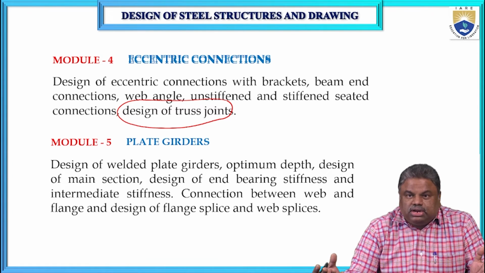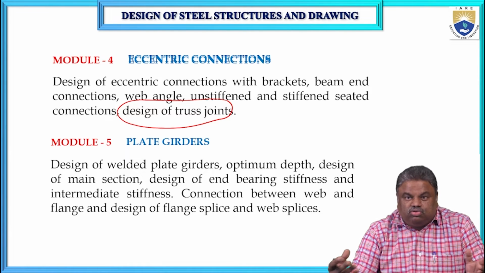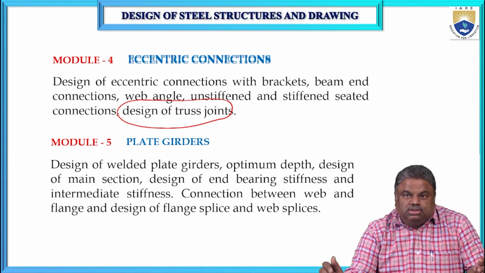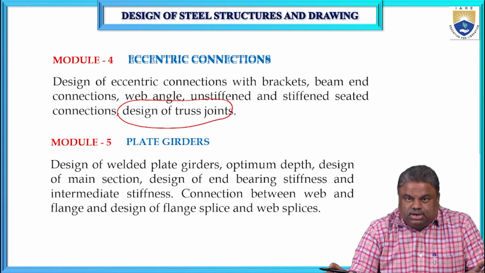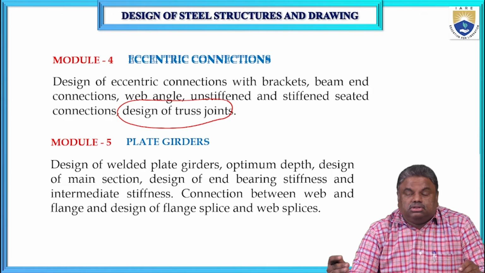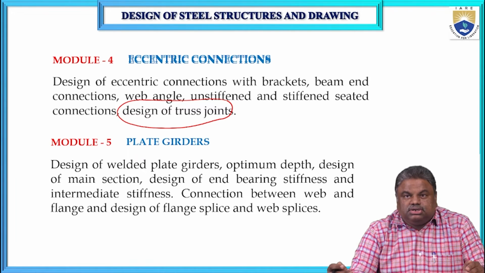If you see old railway bridges, they have very large spans, right? In those cases, we will use plate girders. One more thing here: these girders are made up of only plates.